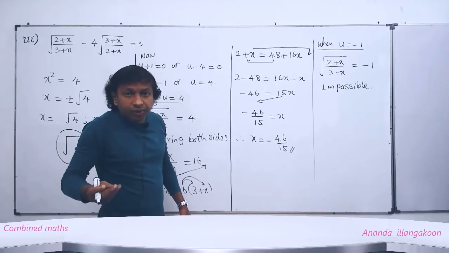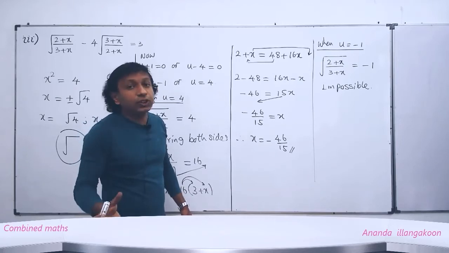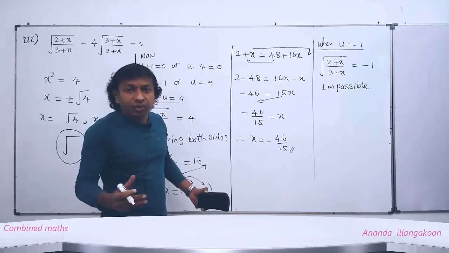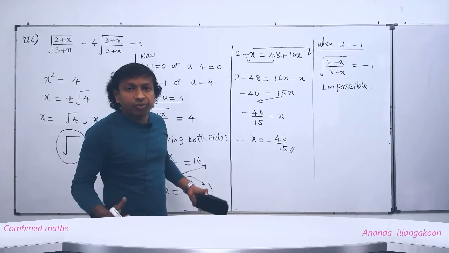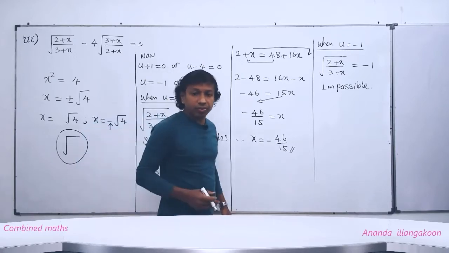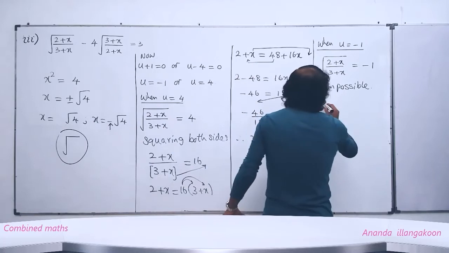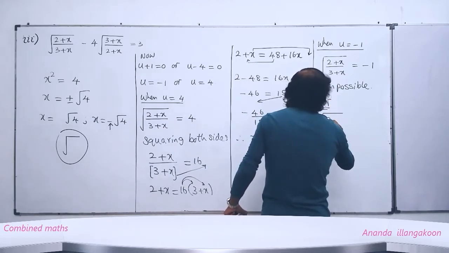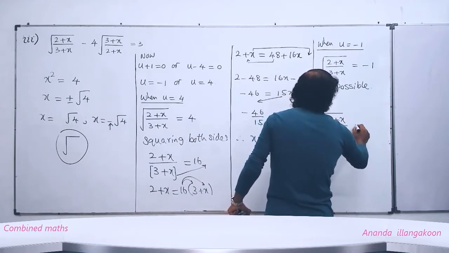If you are not satisfied with this, people, I can simplify further to verify how it is impossible. Once you simplify another two steps, you can very easily understand that. Or I can do it like this. We simplify this by squaring both sides. Then you can finally understand.